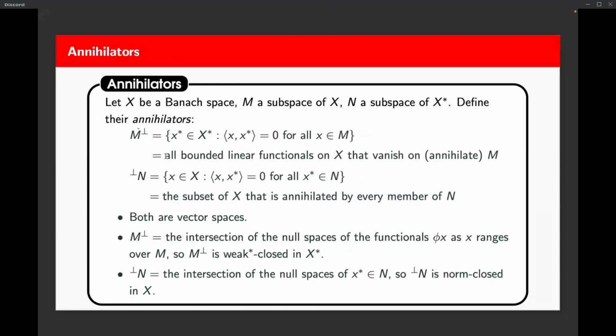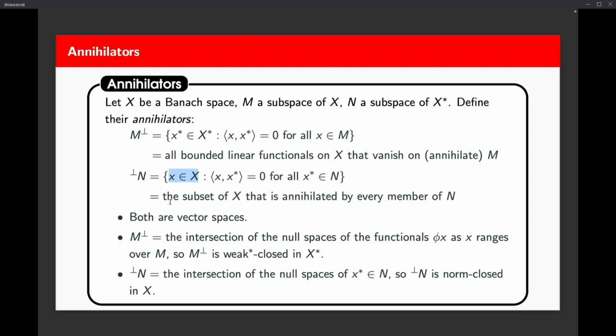As I say in words, it's the set of all bounded linear functionals on X that vanish on M, or annihilate M. And then on the other hand, for elements of the dual space, we have the same requirement. We want the bracket of X star and X to be 0, but here we're varying over X, and they have to have this property for all X star in N. So this is, again, this sort of duality.